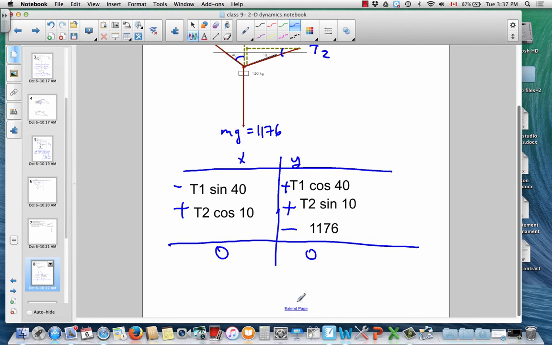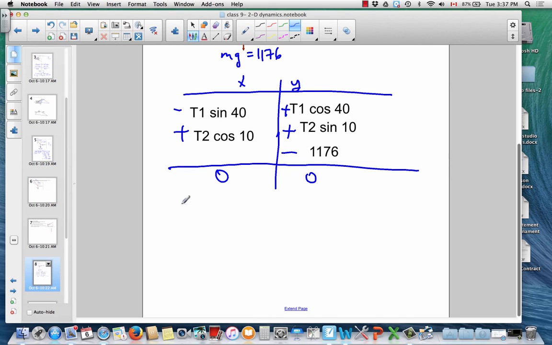So we'd be saying T2 cos 10 minus T1 sine 40 is 0. Or another way to put that is T2 cos 10 has to be the same as T1 sine 40.